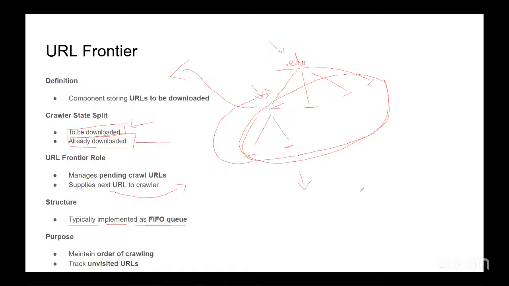So we give priority to the URL that came first, on a first come, first served basis, so that we also collect the information in a structured way. It can also track unvisited and visited URLs as well. There are multiple things that a URL frontier can do, but the main purpose is to store the URLs that we need to download.